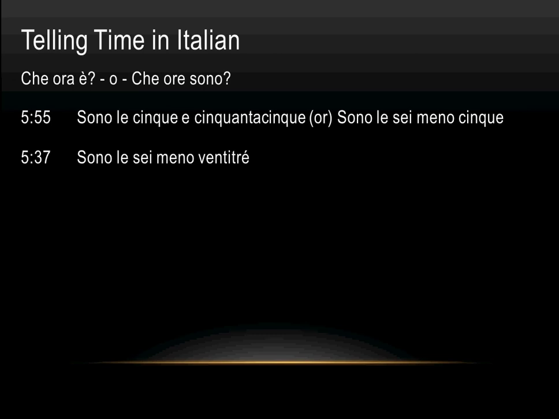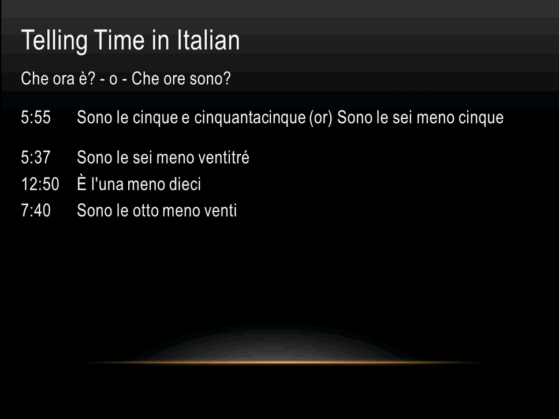So sono le 6 meno 23. Or we have è l'1 meno 10. È l'una, okay, we already know how to arrive to that. Singular feminine noun, una, l', and è, so the verb agrees. È l'1 meno 10. It's 1 minus 10, or 12:50. Sono le 8 meno 20.